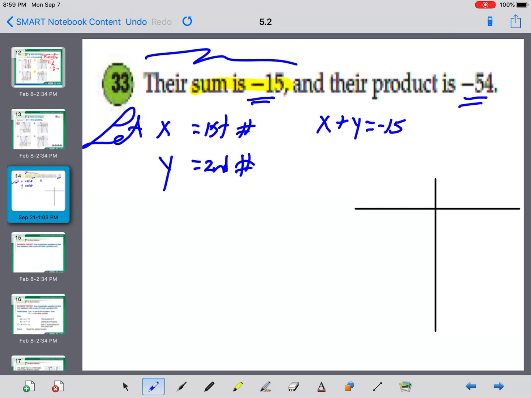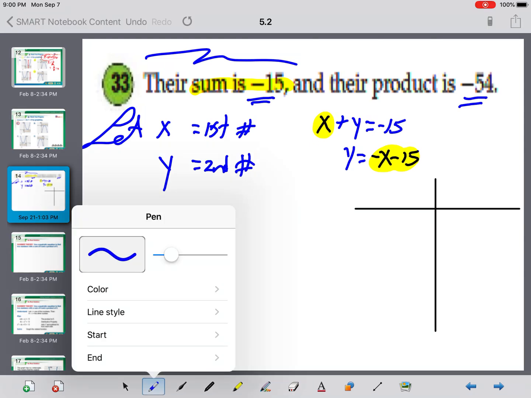And it says their sum is negative 15. So just help me write that. Their sum equal negative 15. Now, I don't want two different letters. So what I'm doing is a trick. I want to say y is equal to negative x minus 15. And the reason why I did it this way is you would never see that for yourself.